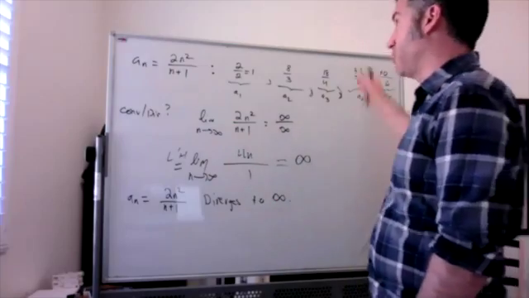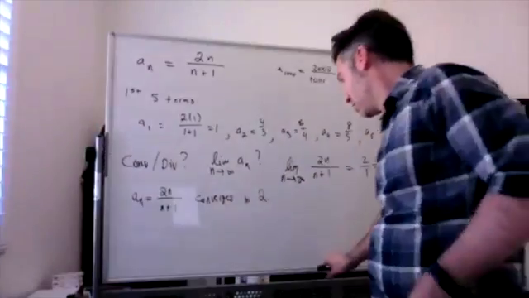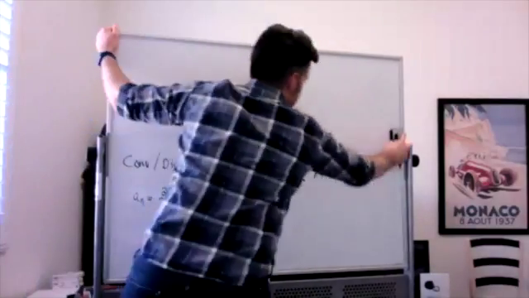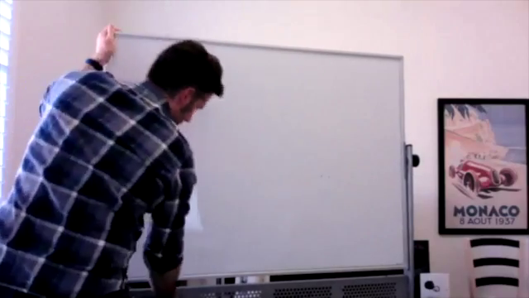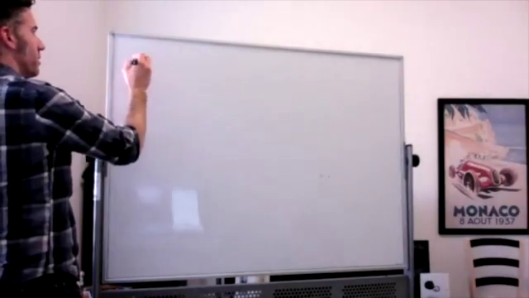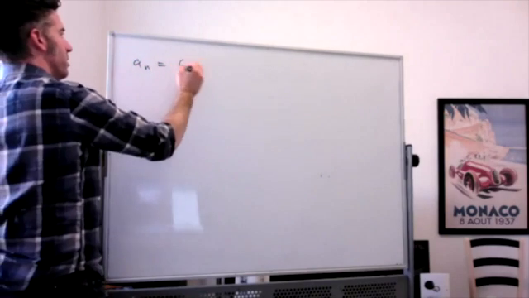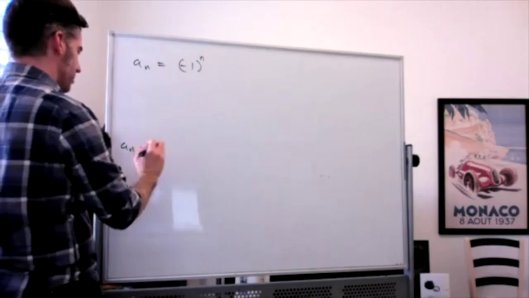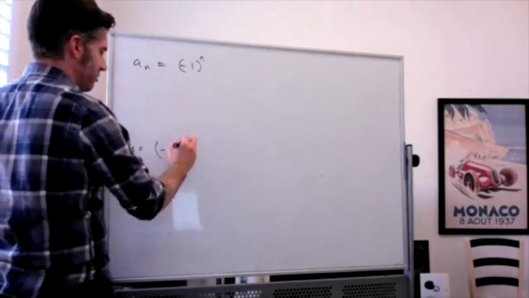A couple examples of that. Often alternating sequences that go back and forth between two values. So here are 2 examples. This sequence, (-1) to the n, and this sequence, (-2) to the n.